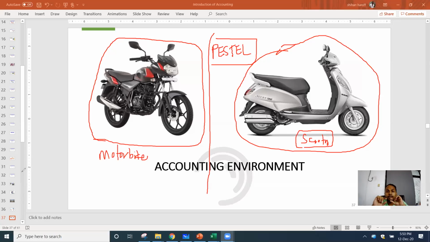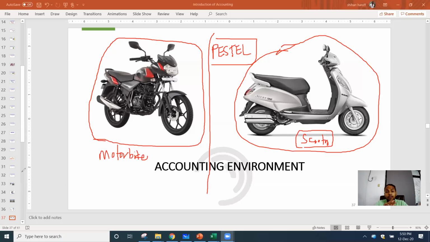Let's say for an example, economical environment. When it comes to economical environment, the cost of living is high. So when the cost of living is high, people can't afford a vehicle, so they have to buy a bike.